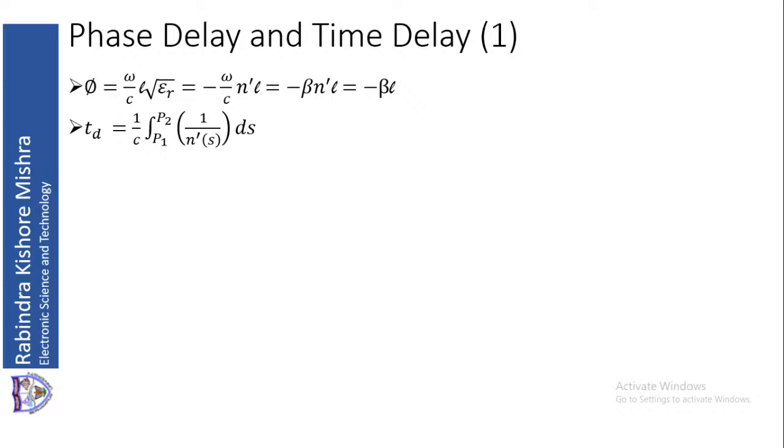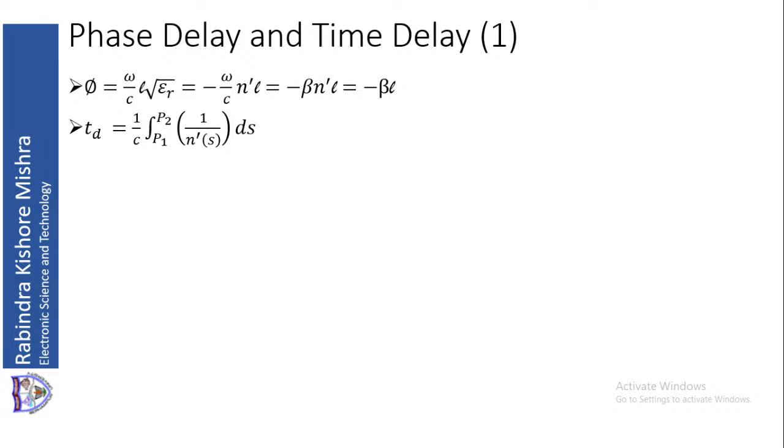Time delay is 1 by c into integral P1 to P2 1 upon n dash s ds. How do you get this time delay? Why this definition? Now time and path, there is a relationship between path and time. What is that relationship?